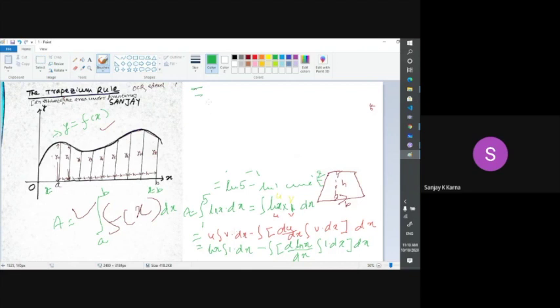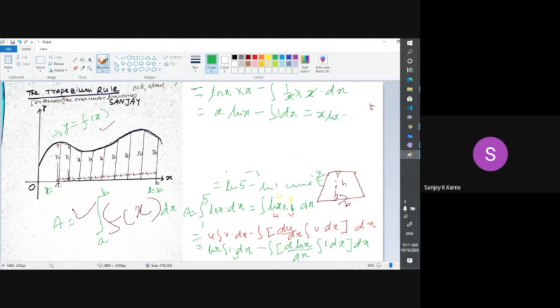So it is ln x times the antiderivative of 1, which is x, minus integral of, and then d(ln x) means it is 1/x, times the antiderivative of 1, which is x, dx. The x and x get cancelled out, and then it is x ln x minus integral of 1 dx, and finally you have x ln x minus x.